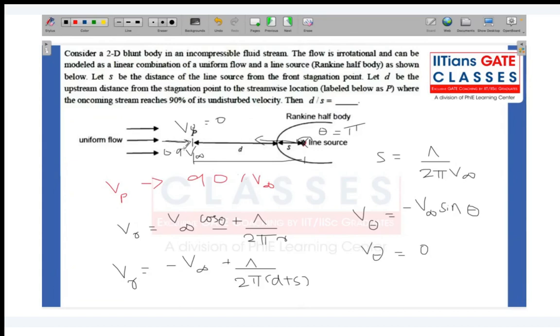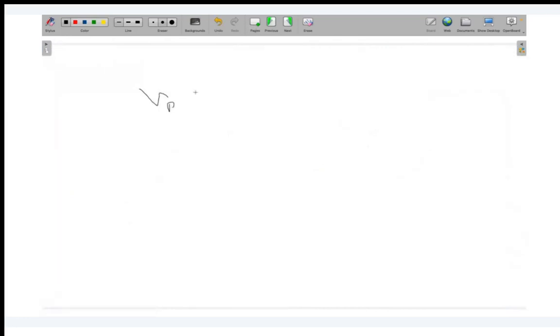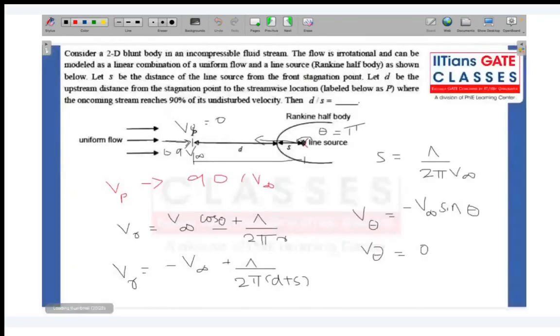So the radial velocity at point P is the negative of 0.9 times V infinity, because by convention radially outwards is positive, but here the 90% of the undisturbed velocity is in the opposite direction to the radial direction. So it's minus 0.9 V infinity.